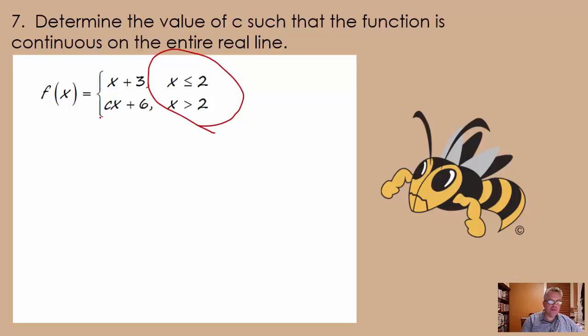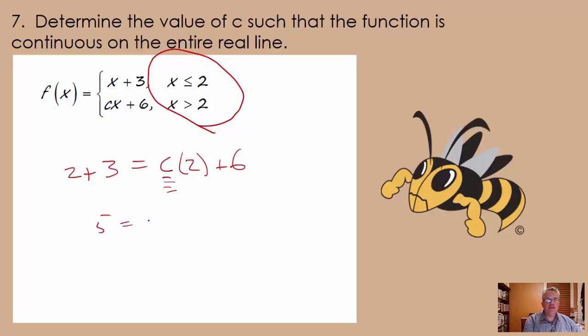Okay, well, we want them to match. So we want the top function at 2, so that'd be 2 plus 3, to match the bottom function at 2, which would be c times 2 plus 6. And our goal is to find the value of c so that this is true, that the two pieces have the same value at x equals 2. All right, we just got to solve.